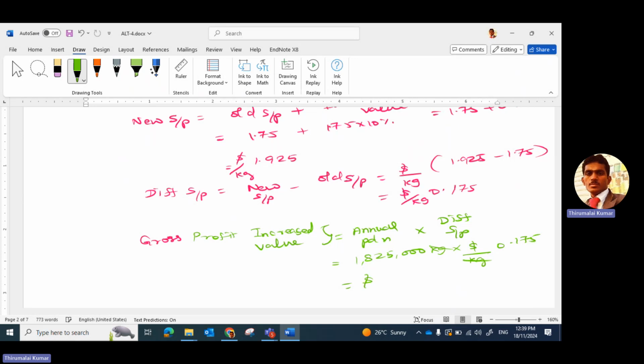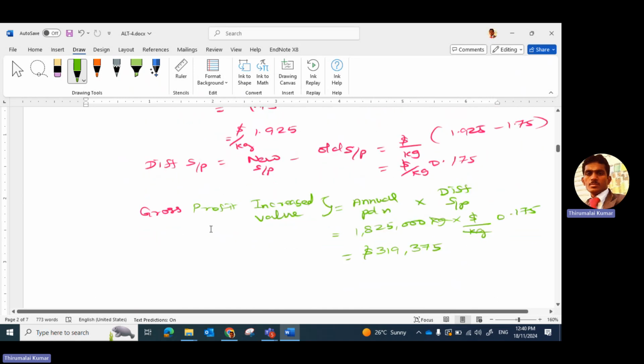So the gross profit difference, the increased value, is 1,825,000 multiplied by 0.175. So finally, the gross profit difference is 319,375.